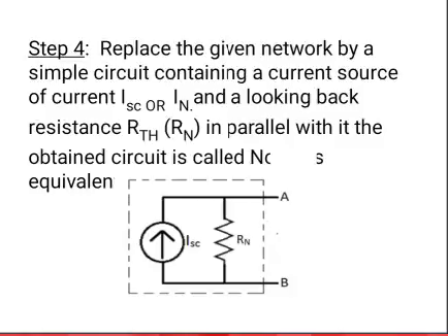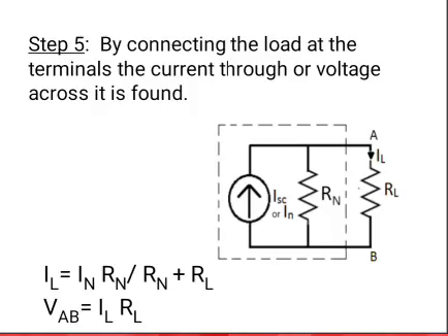Step 4. Replace the given network by a simple circuit containing a current source of ISC, IN, that means Norton's current, and a looking back resistance Rn connected in parallel with it. Finally, step 5. By connecting the load at the terminals, the current through or voltage across it is found.